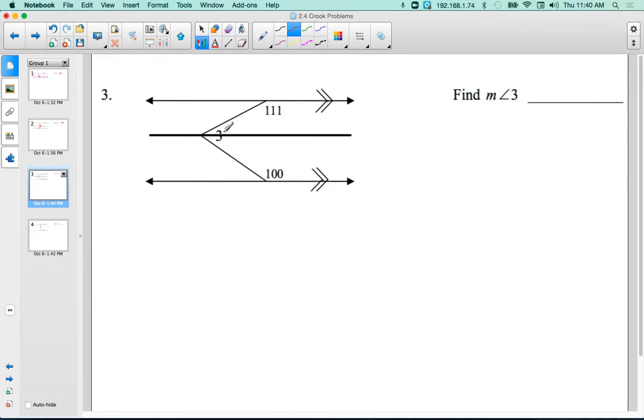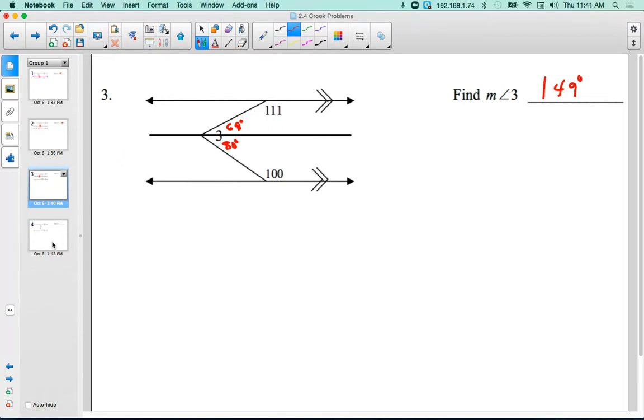I think it's 69 degrees. And then the angle that would be supplementary with 100 would be 80. So we add 69 and 80. That's 149.